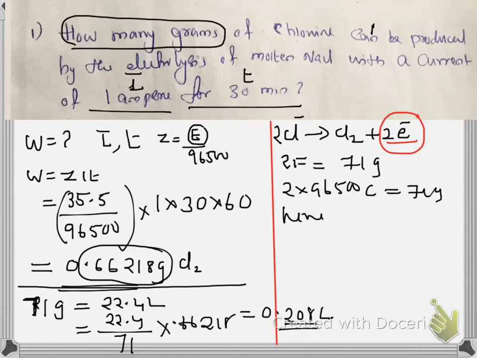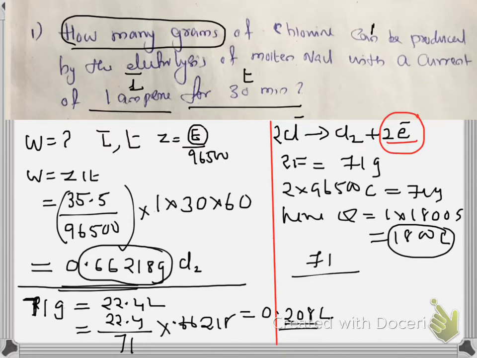But here Q equal to IT. I means 1, T means 30 into 60, 1800 seconds, that means 1800. So this much, 1800 coulomb of electricity, can deposit 71 divided by 2 into 96500, which is the amount of substance deposited by passing 1 coulomb.